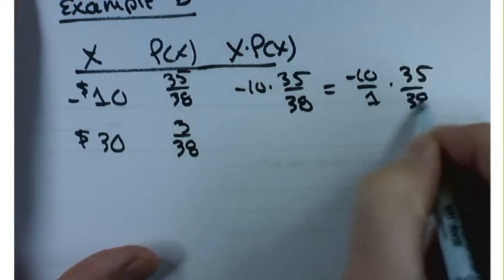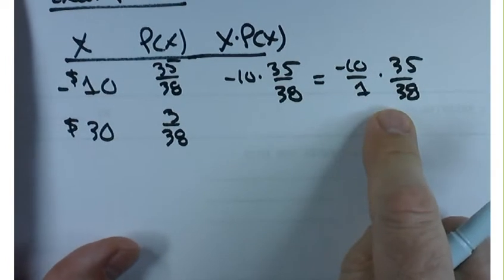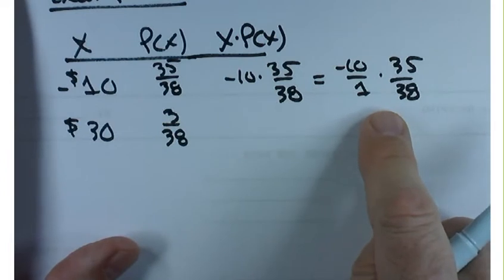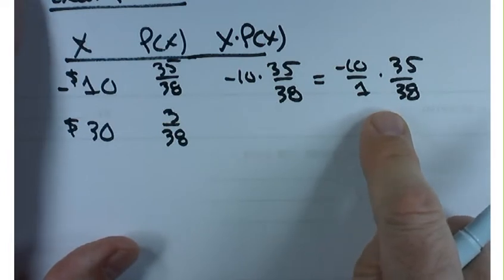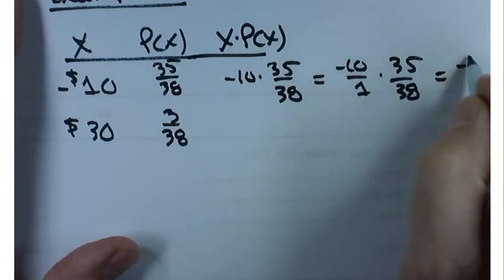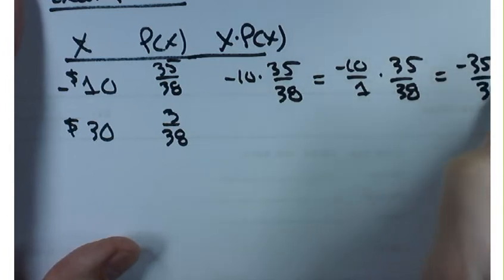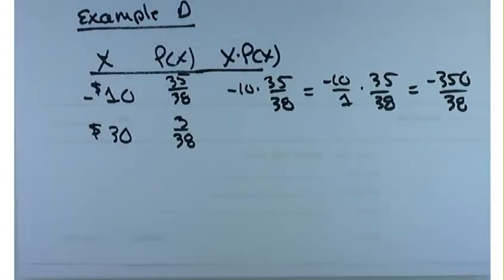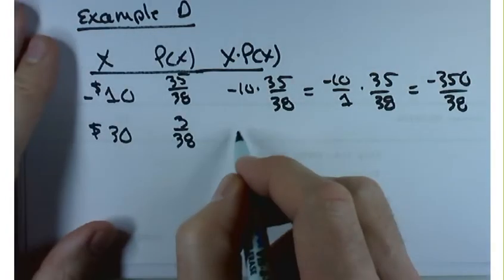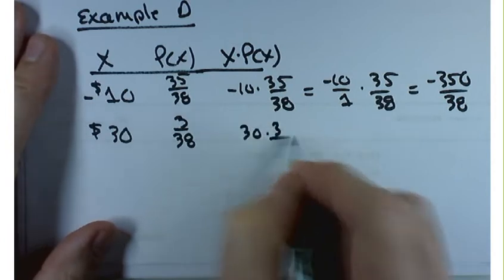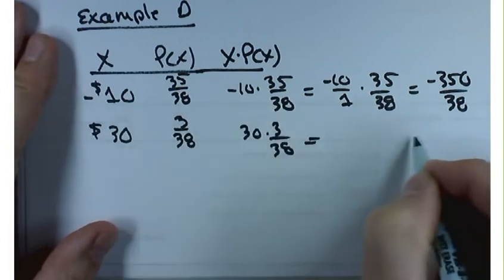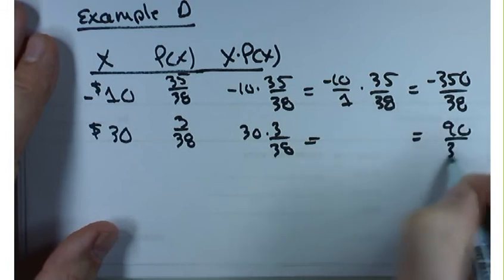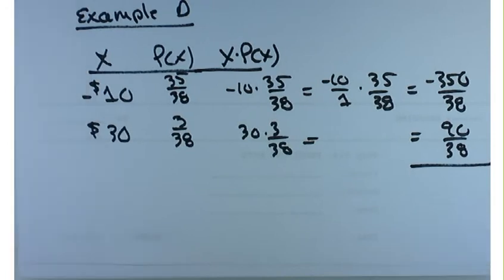Do you remember how to multiply fractions? Do we need a common denominator to multiply fractions? No. So it's going to give me negative 350 over 38. And likewise down here for the denominator, I'll end up with 30 times 3 over 38. Basically 90 over 38. So there's my column of x times P of x.